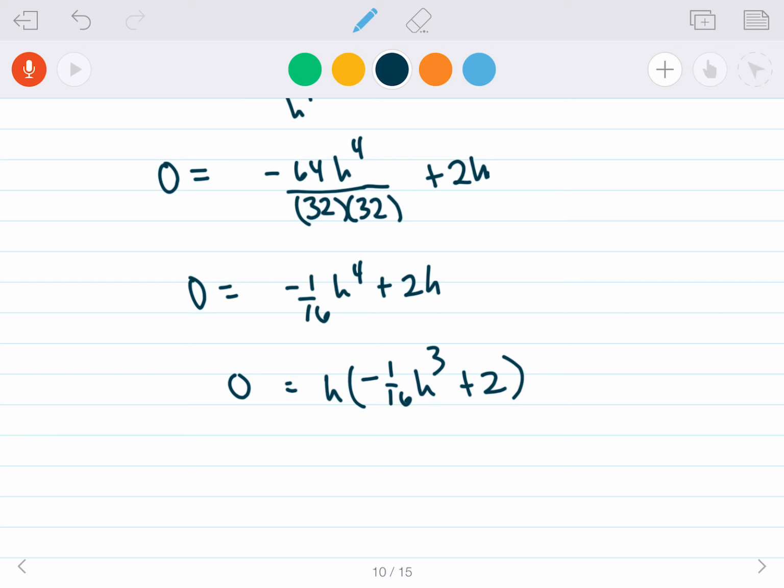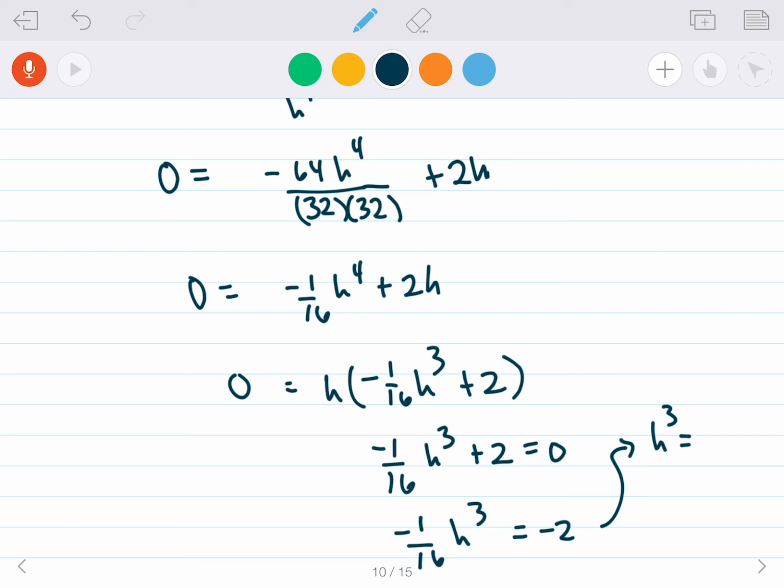But if I set the other factor equal to 0, I get negative 1 over 16 h cubed plus 2 equals 0. Negative 1 over 16 h cubed equals negative 2. If I multiply both sides by negative 16, I get h cubed equals 32, and then I can raise both sides to the 1/3 power to get that h is equal to 32 to the 1 over 3.